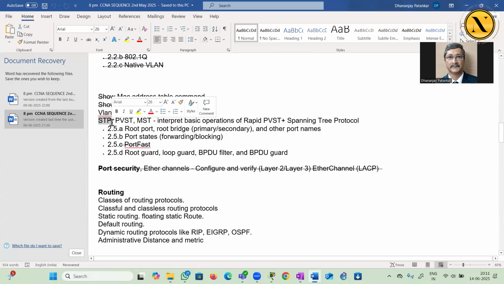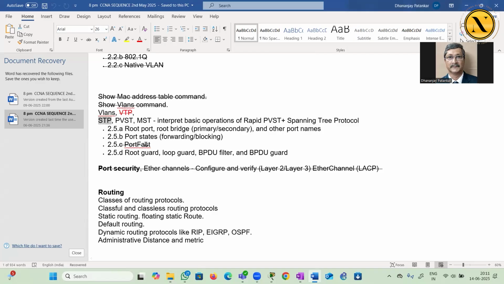STP, we have done. Spanning Tree Protocol, right? Loop avoidance. It enables every switch in the network to find the shortest, loop-free, lowest-cost path up to a central reference point known as the root bridge, right?